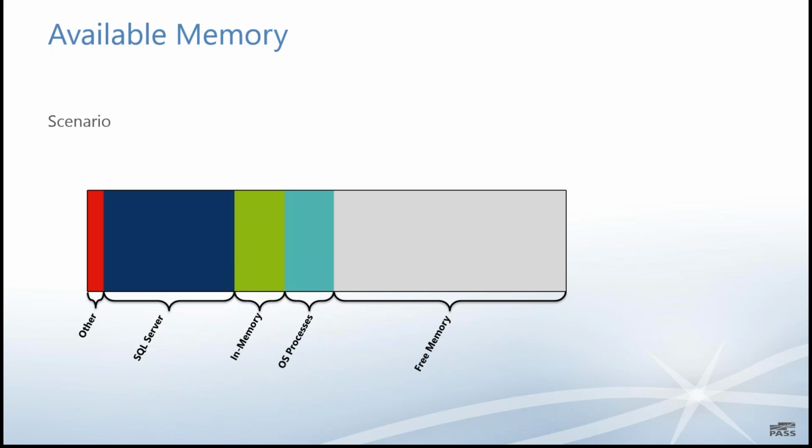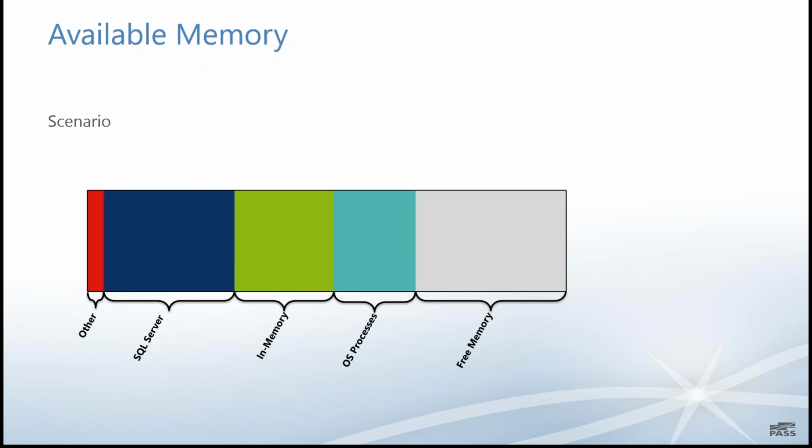Okay, so let's check the scenario here. We have a map of the memory. I distinguished the SQL Server memory and the memory optimized memory just to make this clear. Same thing with the OS process. And I have here the amount of free memory. So we start to use the server, and in-memory takes more space. Same thing with the OS processes.